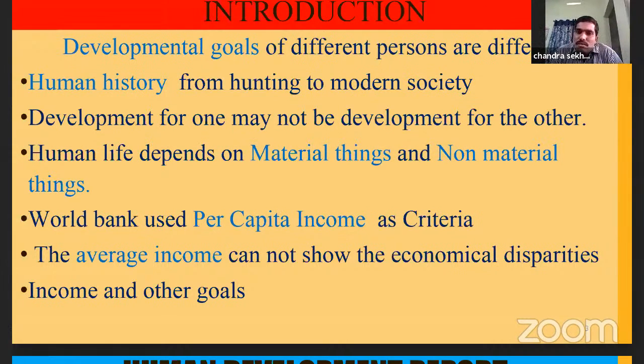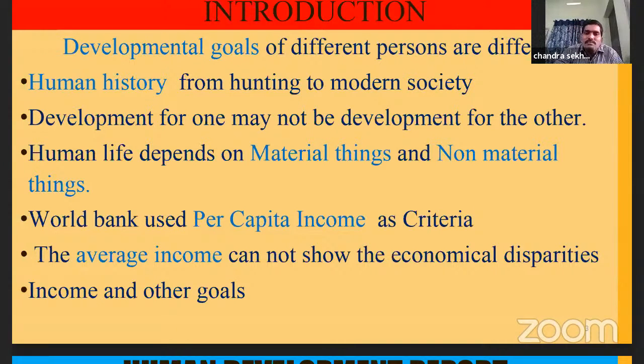Sometimes we use average income for comparison, but average income cannot show the economic disparities of individuals. With the help of per capita income, we are unable to understand the economic disparities among the people.